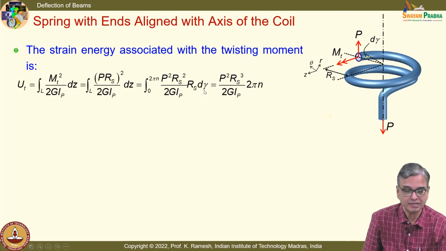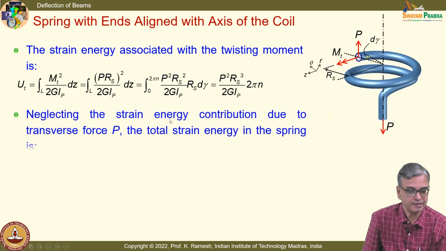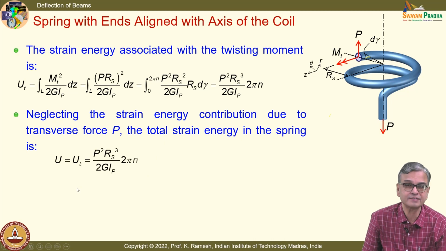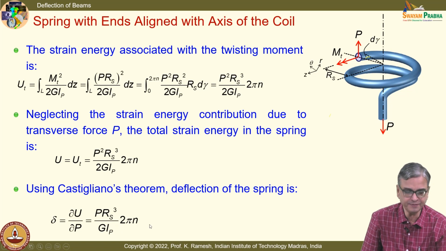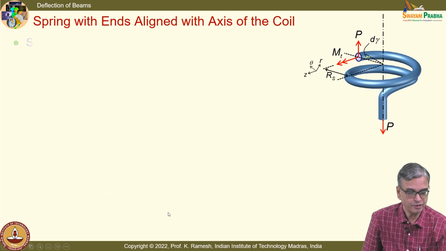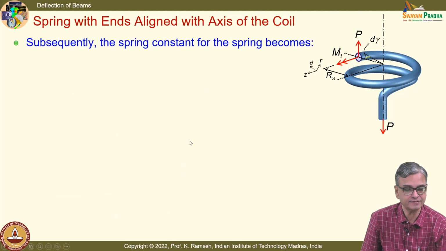So the expression comes to be P squared Rs cube by 2 G Ip times 2 pi N. And we will neglect the shear loading, and you get this strain energy as this expression, and differentiate with respect to the load P. So I get this as P Rs cube divided by G Ip times 2 pi N. And you know how to define the stiffness.